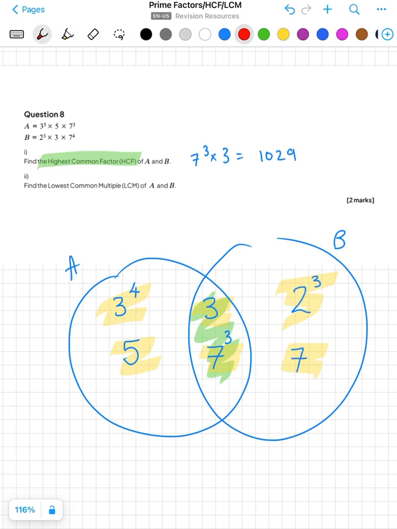So that is 3 to the power of 4 multiplied by 5 multiplied by 3 multiplied by 7 to the power of 3 multiplied by 2 cubed multiplied by 7, giving us a very, very large number. And that's our final answer.